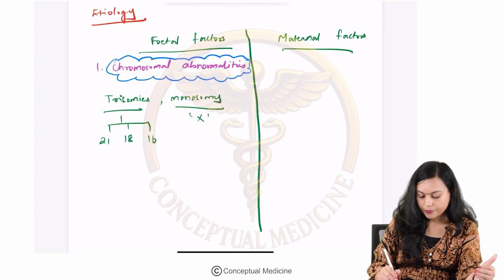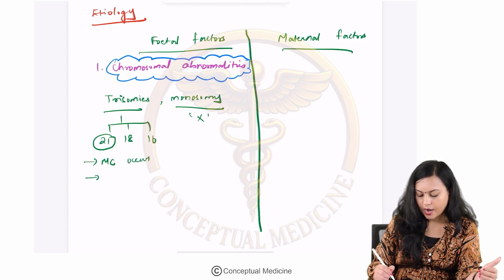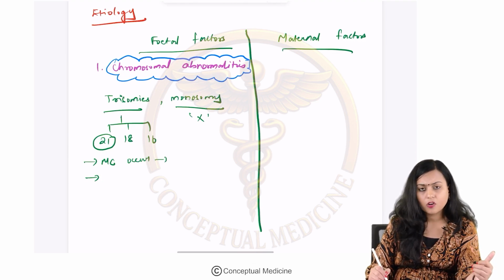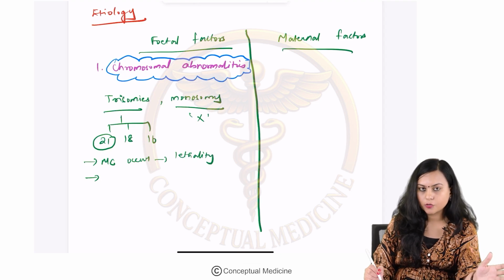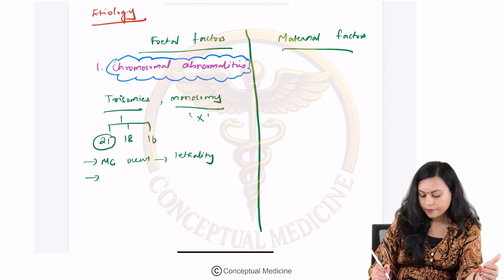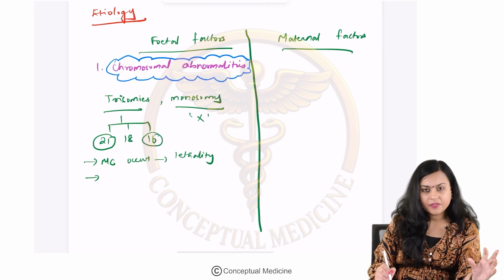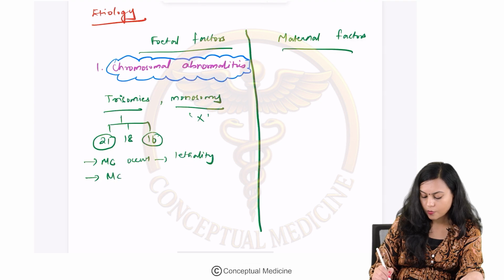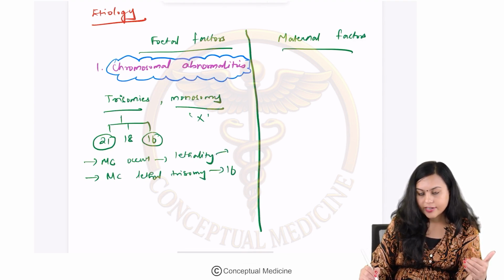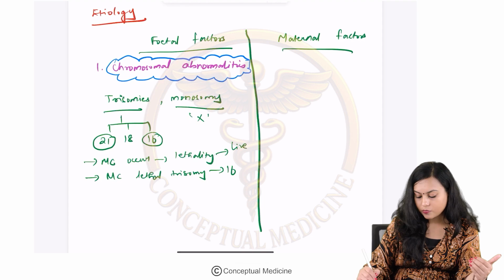Among these, trisomy 21 is the most commonly occurring trisomy, and it is the most common cause of lethality also among trisomies. But whenever trisomy 16 happens, it is going to be lethal. So the most common lethal trisomy is 16, because in trisomy 21 we have so many live births.